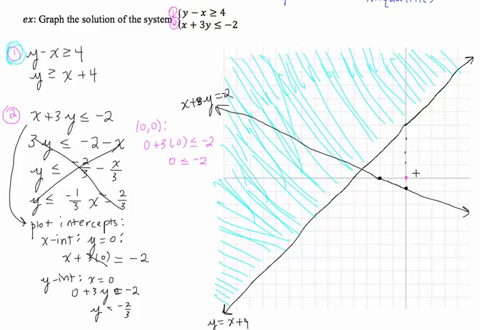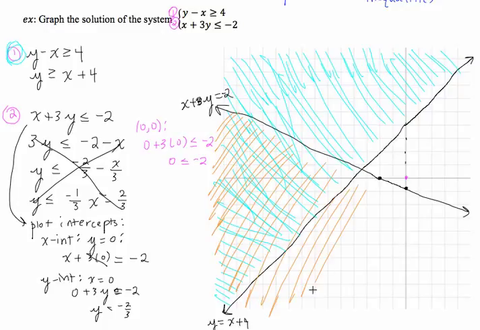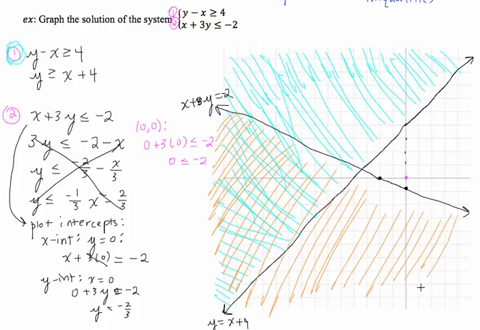So this is not the half of the plane that solves the inequality. It must be the lower half. So it must be this half down here. Okay, and that's why I do shading in one direction. So now you can draw your lines in the other direction and say, okay, these lines, the orange, are what solves the second inequality.